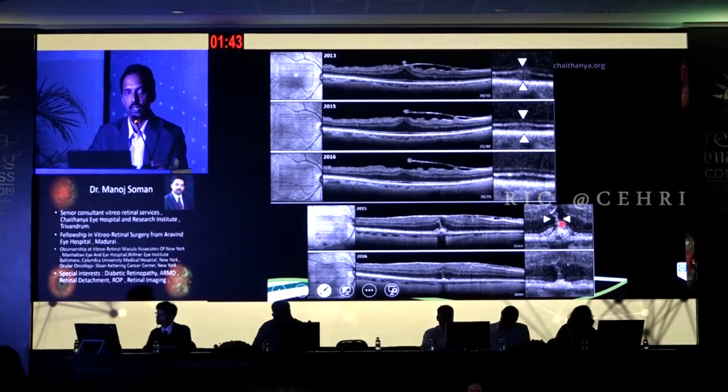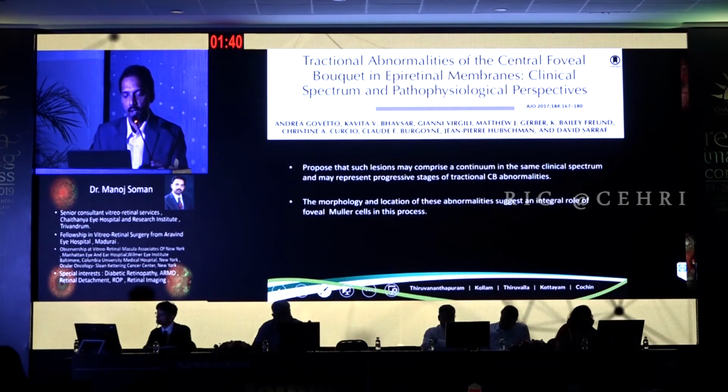Some of these deposits are seen to migrate up, and they believe this is due to the central Henle fibers, which are responsible for the migration of these debris into the inner retina. So they propose that these lesions may comprise a continuum in the same clinical spectrum and may represent progressive stages of tractional central bouquet abnormalities. They believe that Muller cells play an integral role in this process.